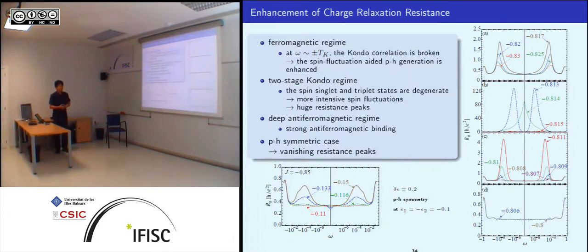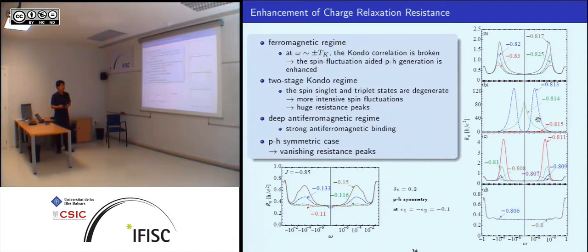Then why do we have this picture here? The logic is the same as in the single level case. Actually, here we still have spin binding coming from the Kondo effect. So by applying the energy which corresponds to the Kondo temperature of the spin's Kondo model, we can enhance the particle pair generation.